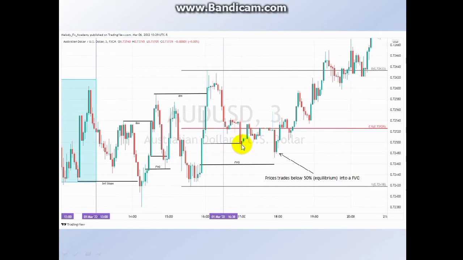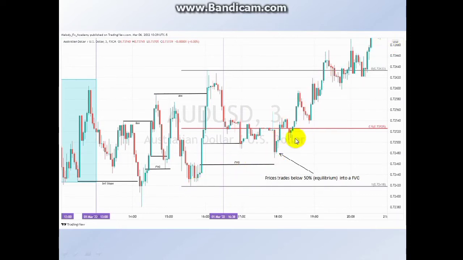We got our first entry here. Price came back and retraced below this short-term low and into our fair value gap as well. And maybe, if you are not bold enough, this is probably another entry for you, with your stop loss down here.